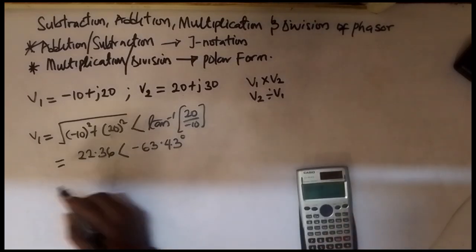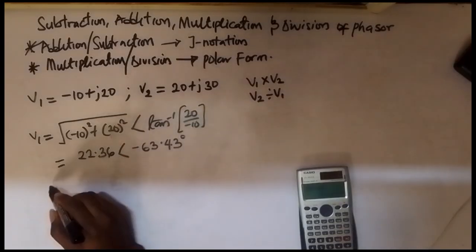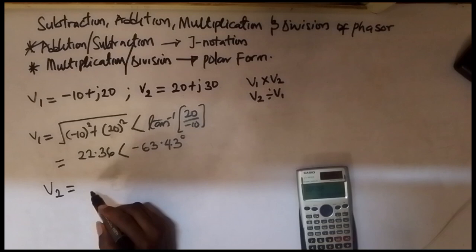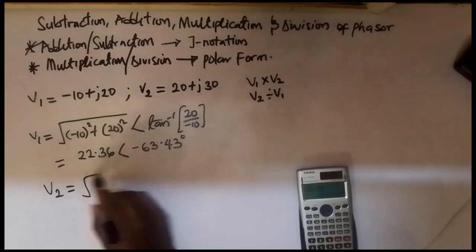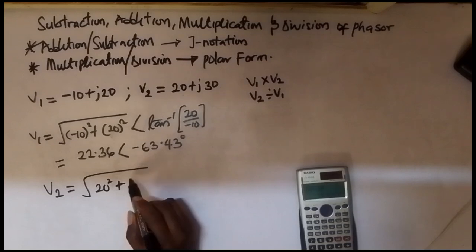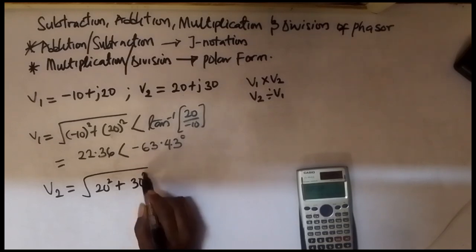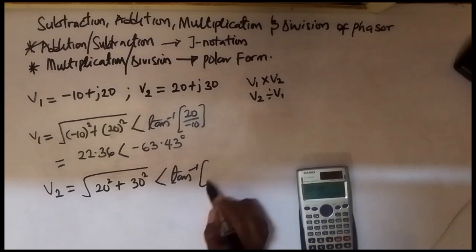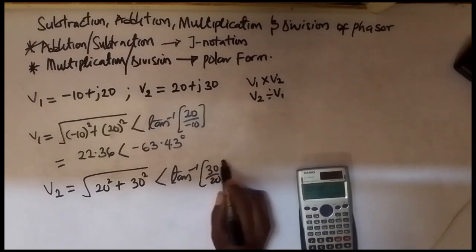Up next, we're going to do the same thing. We try to convert V2 to polar form, and this we can do by saying the square root of 20 squared plus 30 squared, at an angle of tan inverse of 30 over 20.